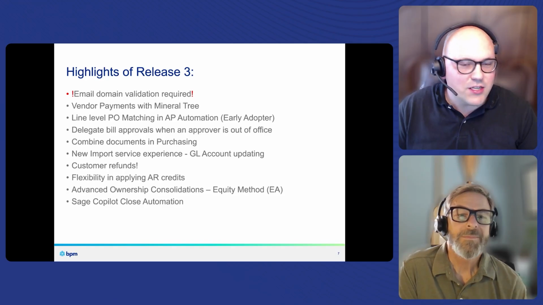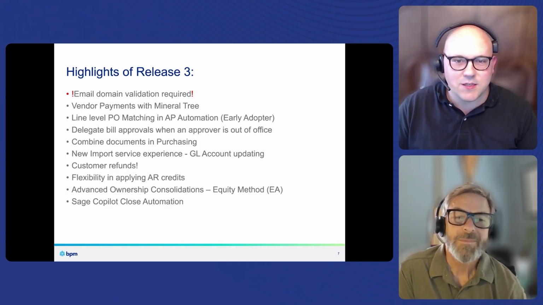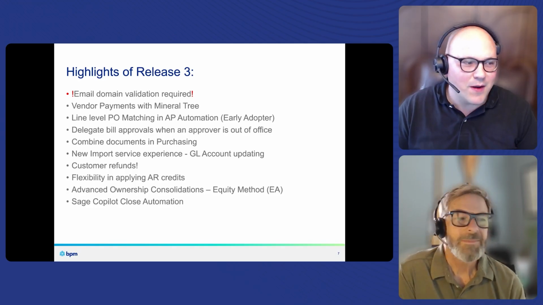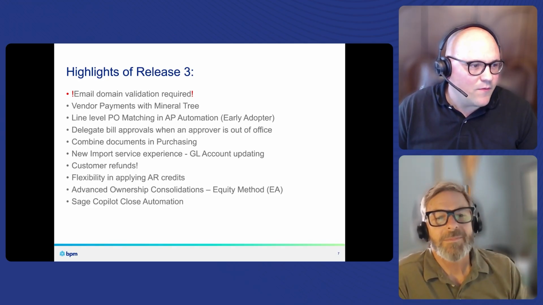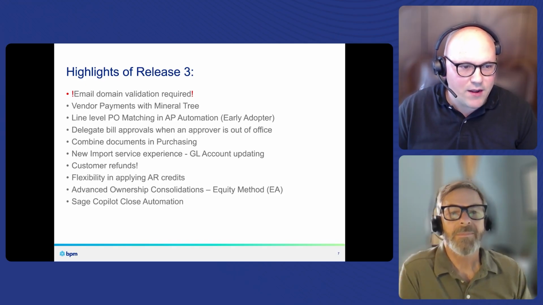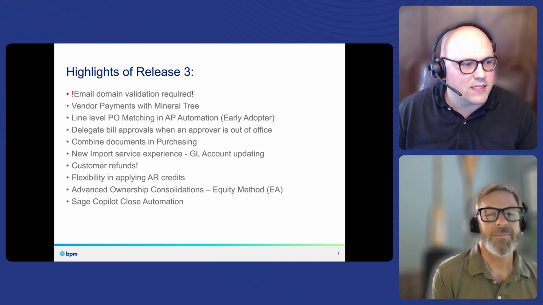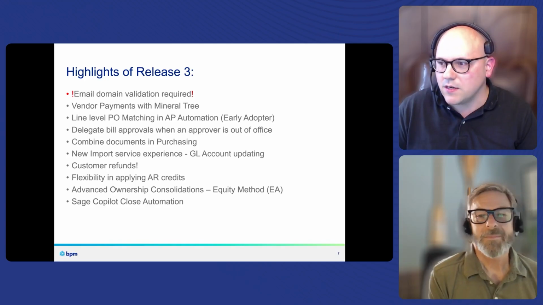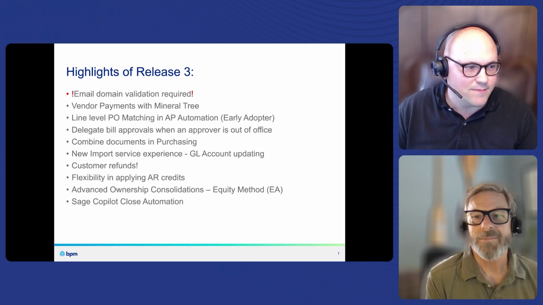The new addition of customer refunds, that's something that has been asked for quite some time now. Flexibility now in applying your AR credits. Advanced ownership consolidations now has the equity method, and Sage Copilot close automation, which is going to be a big deal. Yeah, it feels a little like we're burying the lead with the Copilot, but we'll explain that a little later.